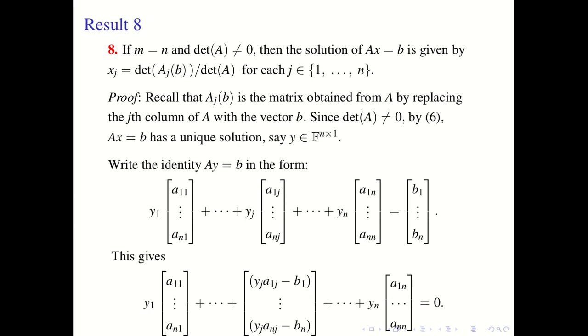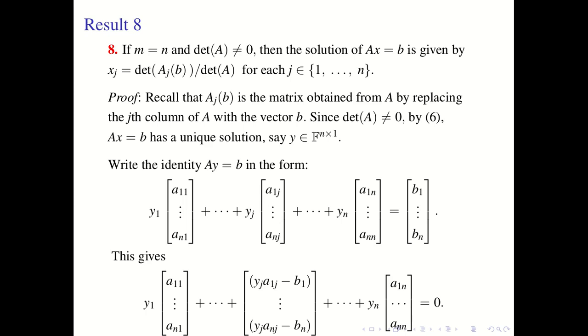If m is equal to n and the determinant of A is non-zero, then the unique solution is given by x equal to A inverse b, and we can explicitly find the jth coordinate of this solution: it is given by the determinant of A_j(b) divided by the determinant of A. Recall that the matrix A_j(b) is the matrix obtained from A by replacing the jth column of A with the vector b.